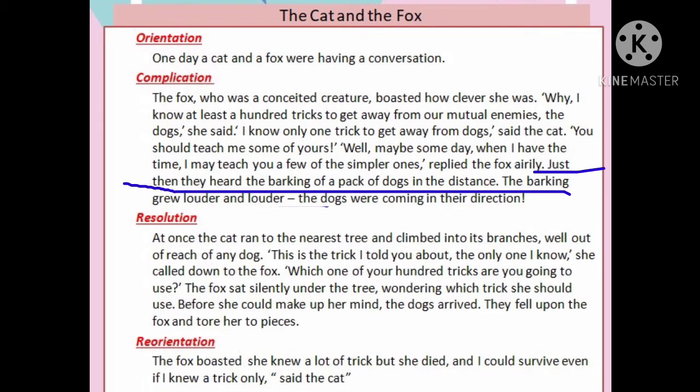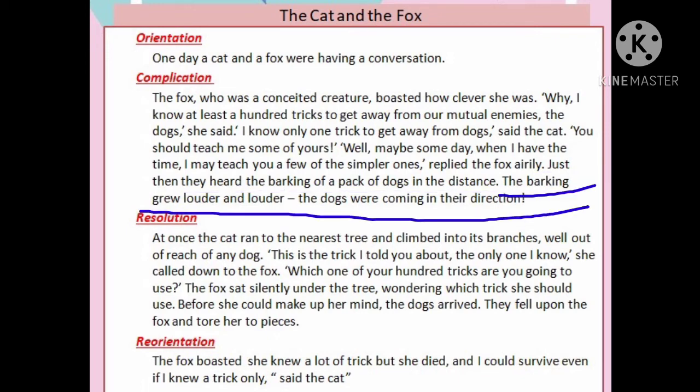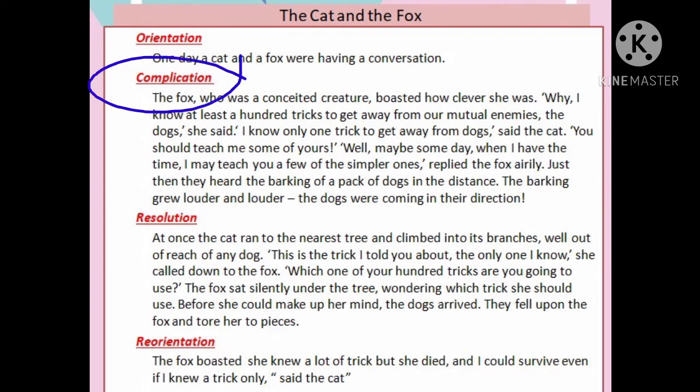Lalu mereka mendengar sekumpulan anjing menggonggong dari kejauhan. Dan lalu the barking grew louder and louder and the dogs were coming in their direction. Dan mereka datang ke arah rubah dan kucing. Di situ mulai muncul masalah dalam paragraf kedua tersebut. So, paragraph 2 is complication.